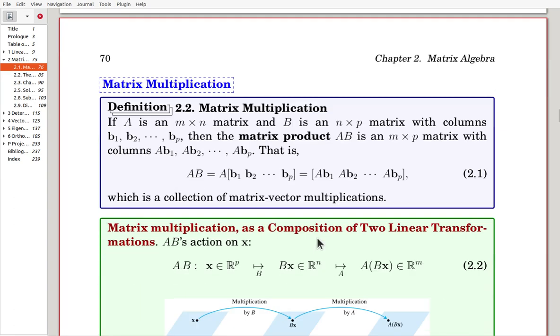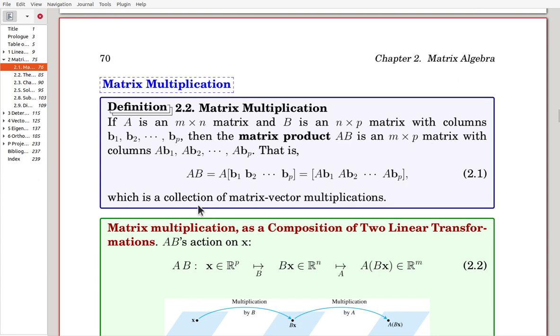It's quite simple. Now we'll go to matrix multiplication. A is an m by n matrix, and B is an n by p matrix with columns b1 to bp. Then the matrix product AB is an m by p matrix with columns Ab1 up to Abp.